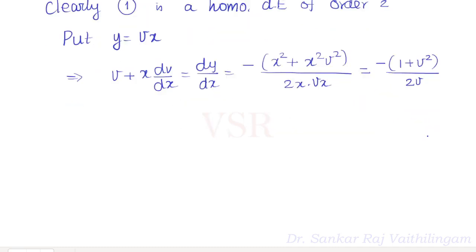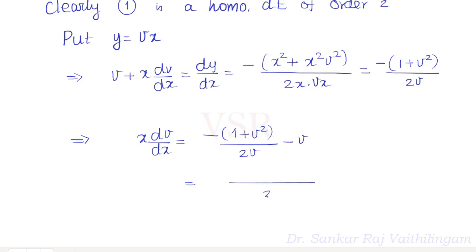So now this implies that x into dv by dx is equal to, I may write this is minus (1 plus v square) divided by 2v minus v. So this is equal to, I call this is by common 2v, minus 1 minus v square. இது ரெண்டு multiply பண்ணா minus 2v, இங்க ஒரு minus v இருக்கு.